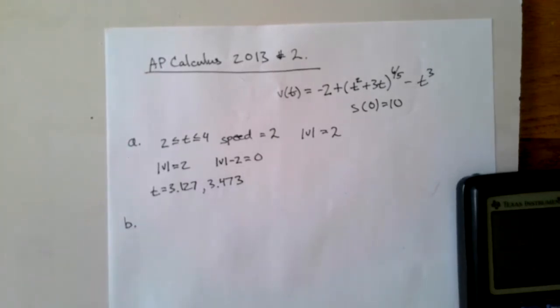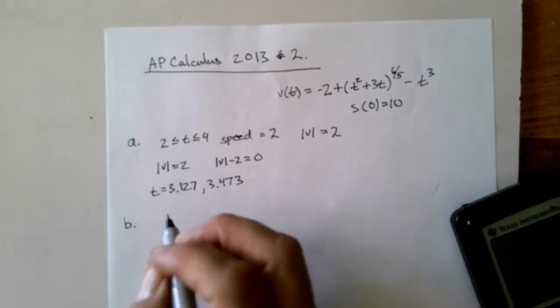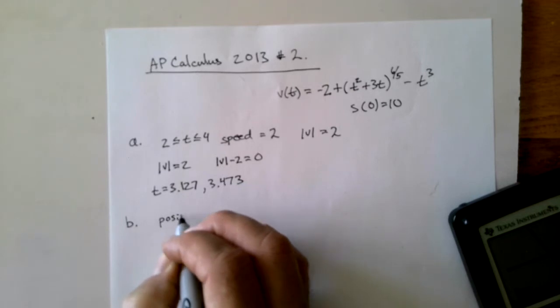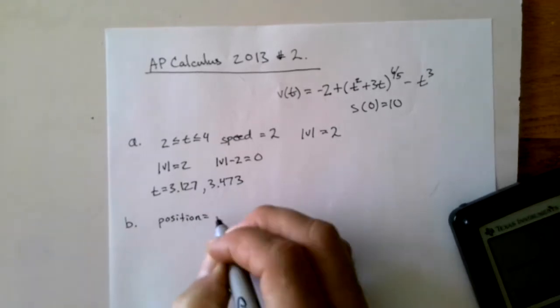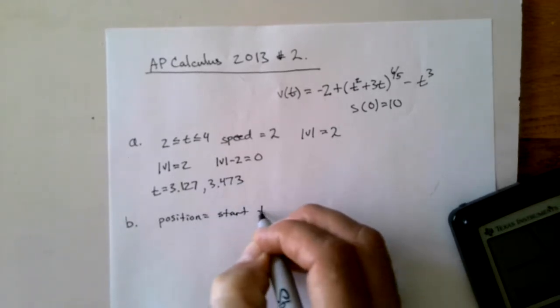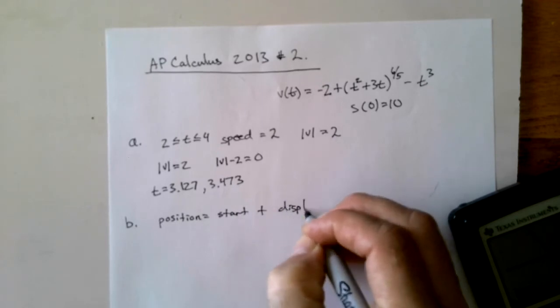Part B says write an expression involving an integral that gives the position, s of t. So position, we've talked about this before, position is equal to the start plus the displacement.